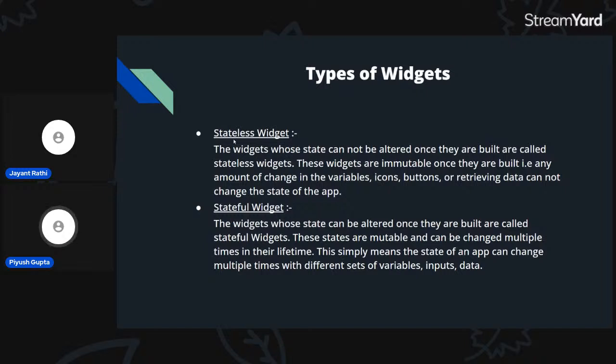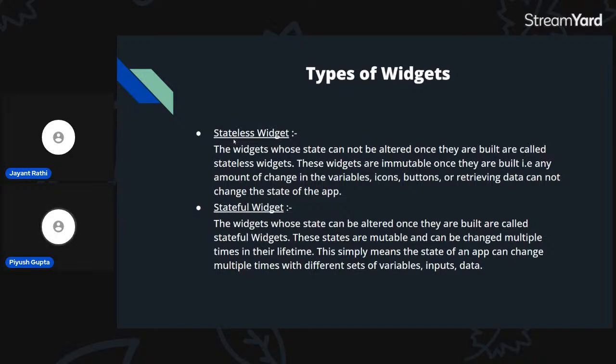For example, if we have created a screen and added a button, and given that button a color, and you want the color to change when we click it, if it is blue earlier, then after the click you want it to be black, then in that case, stateless widget will not help you.